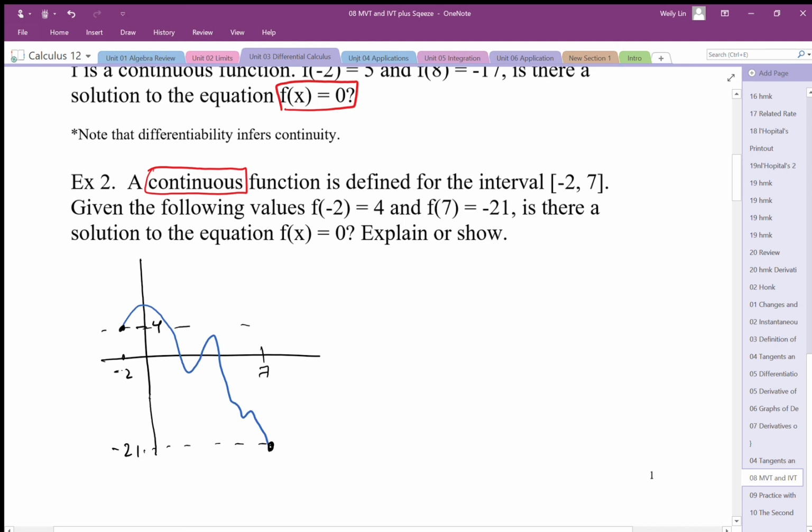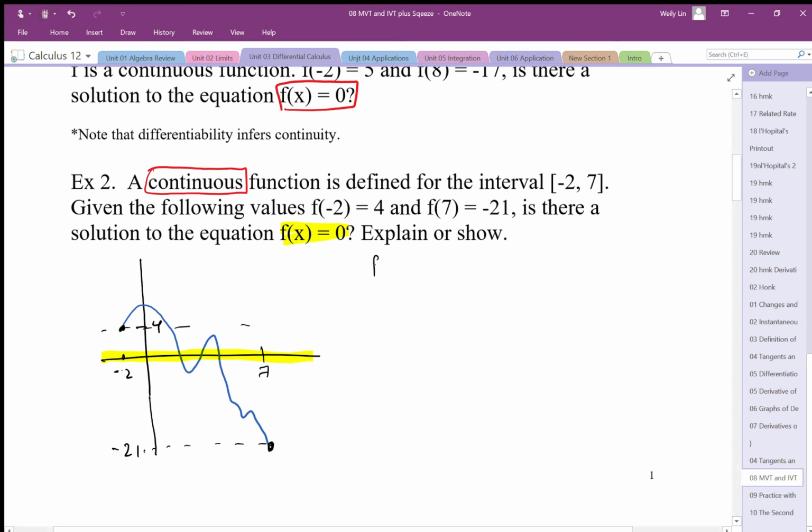Okay, so does this graph solve f of x equals 0? Well, we know that that must happen. Okay, there's no way to get from here to here without crossing that yellow line. So because of the continuity, we can then state this formally this way.